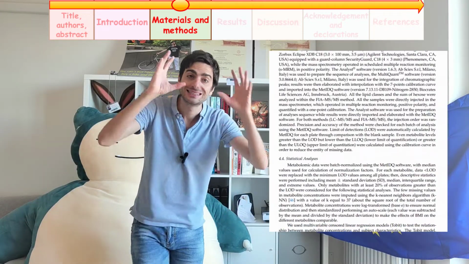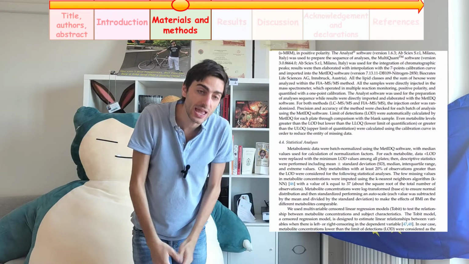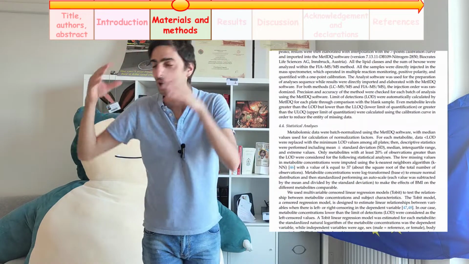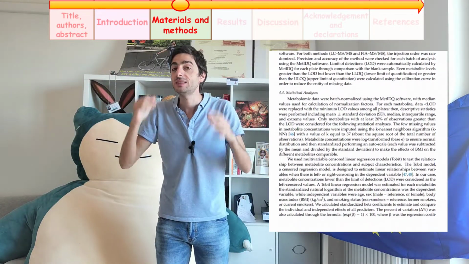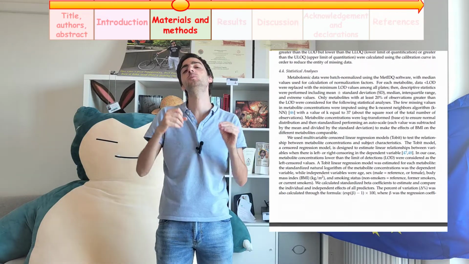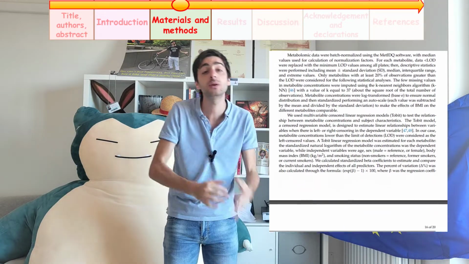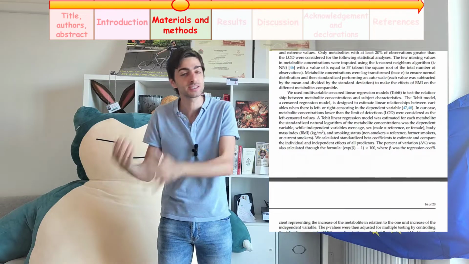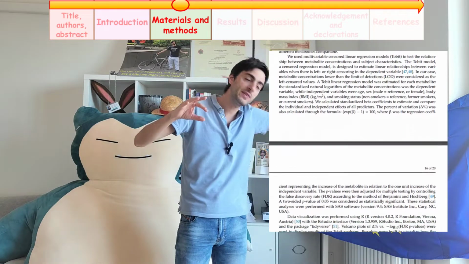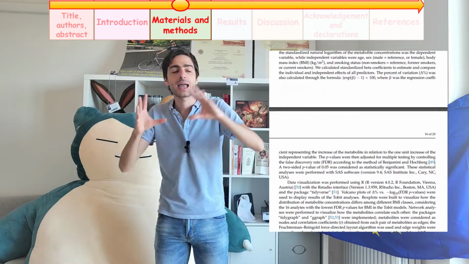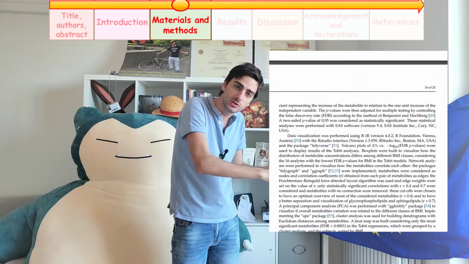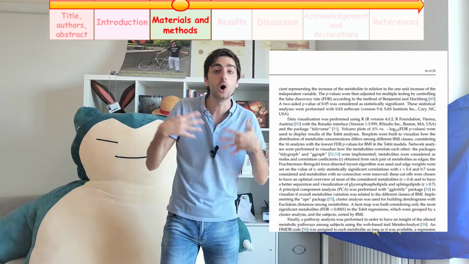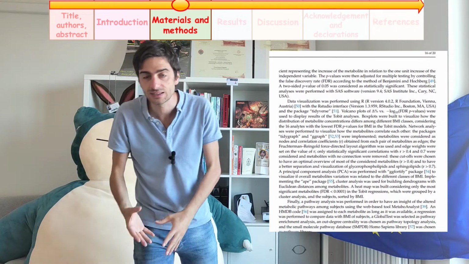Because remember, science works in this way. Everything that is conducted to be scientifically sound and valid must be reproducible by other scientists working in another corner of the world, but still using the same materials and methods and possibly obtaining similar results.